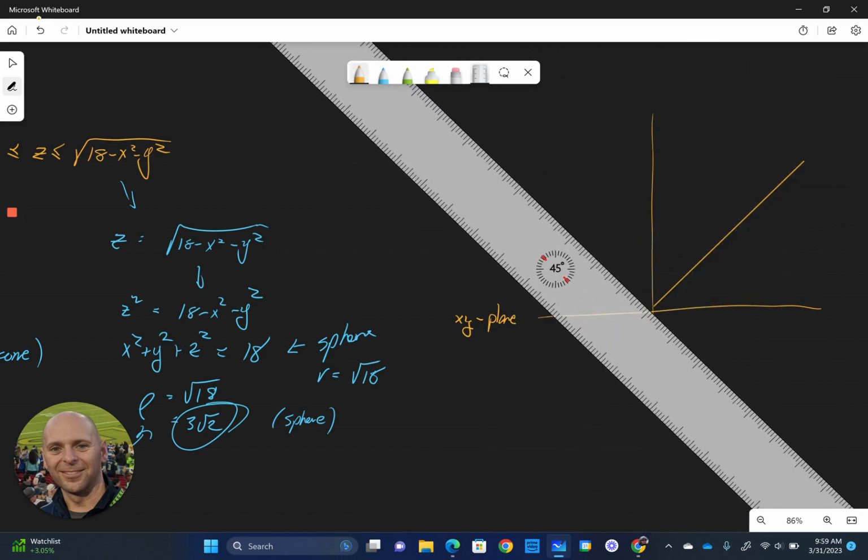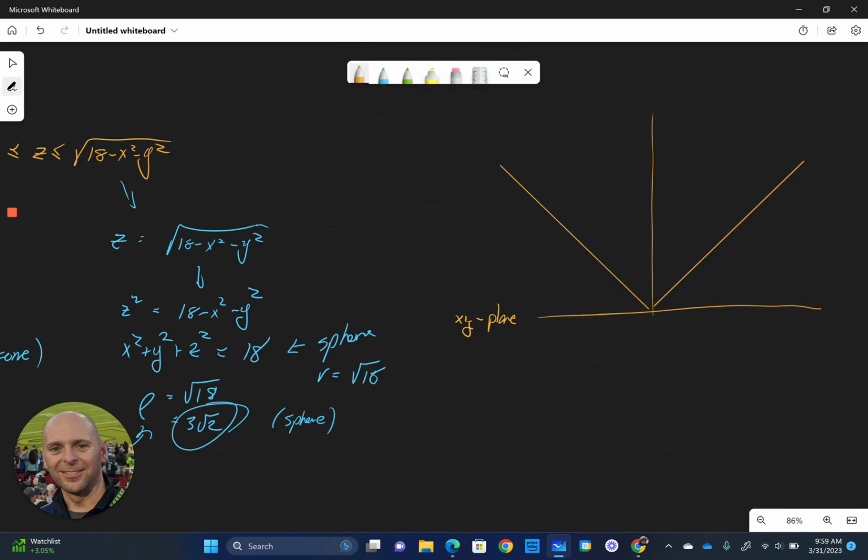And your graph doesn't have to be perfect. It just has to try and get the point across so you can see what's happening. And then you've got a sphere coming in over top of your cone like this. So this represents the upper surface. The cone then is the lower surface. So those are the bounds vertically on this particular solid that we're working with. And the volume that we're interested in integrating over is contained within this.